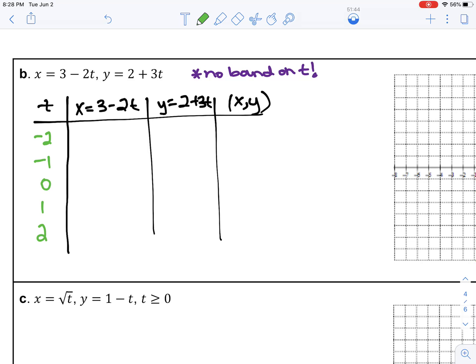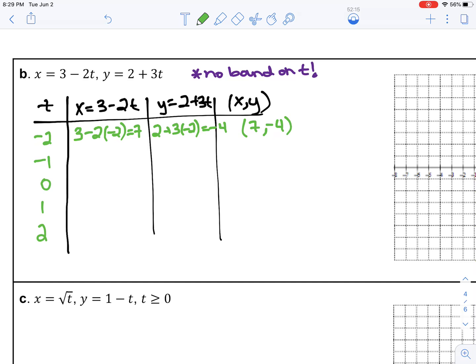So plugging in negative 2 to x equals 3 minus 2 times negative 2, we get 7. Plugging negative 2 into our function of y, we get 2 plus 3 times negative 2, which gives us negative 4. And that results in the x, y point 7, negative 4.